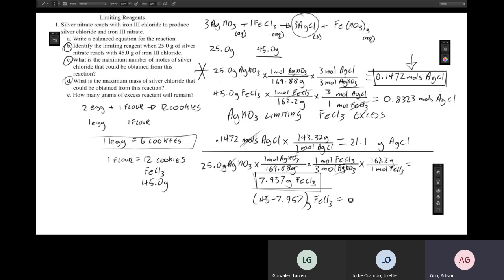So once we calculate that, 45 minus 7.957, looks like we're getting 37.043. And if we stick with sig figs, we only have 3 sig figs. So that's going to be 37.0 grams iron chloride remaining.